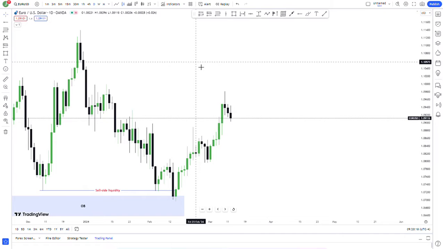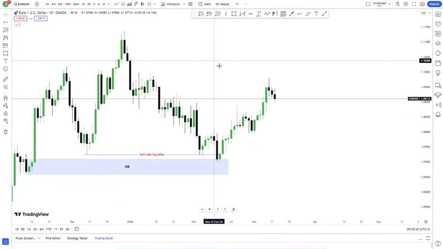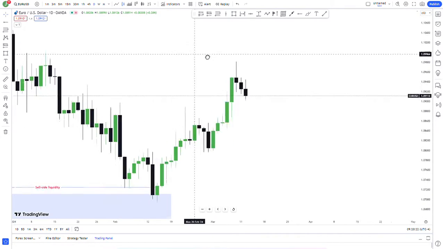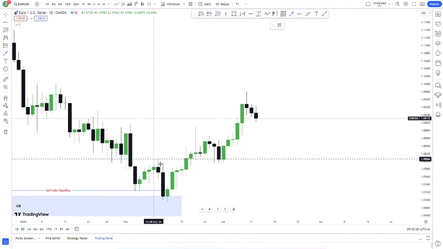Now the market changed its direction, and we can determine this by seeing this market structure shift over here.